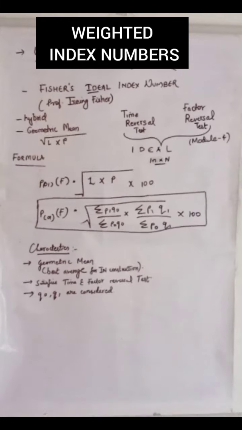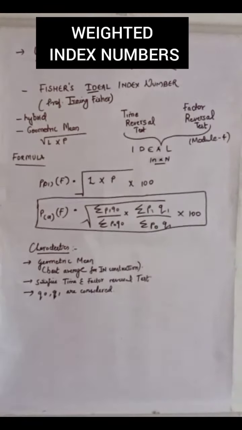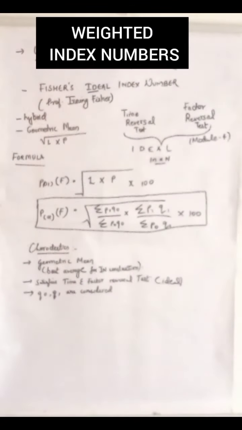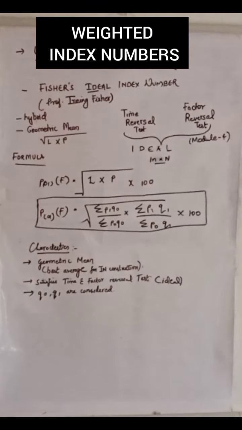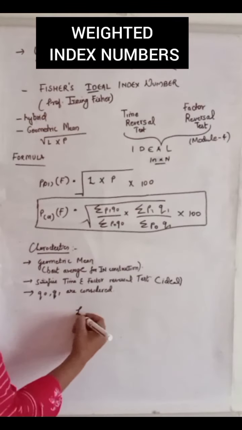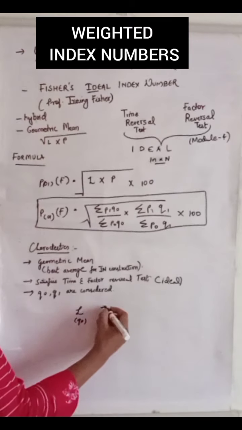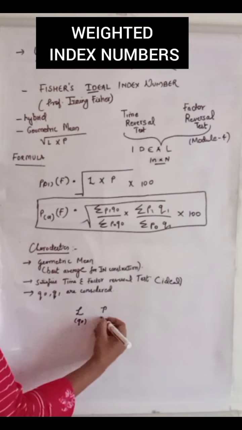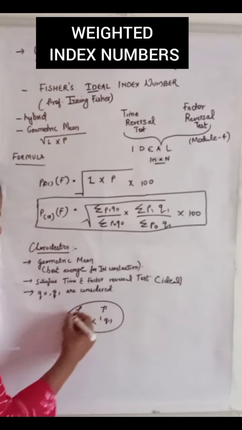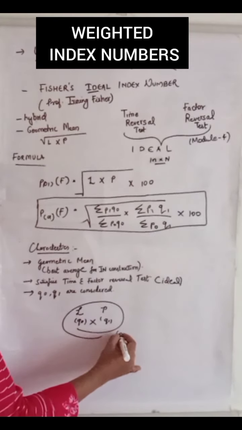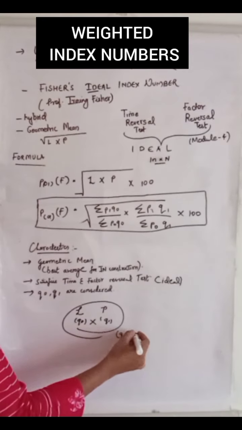And third point says that we are considering Q0 and Q1, which are basically the weights. We are considering both the quantities in this method. As we saw, in Laspeyres's method we were neglecting Q1, and in Paasche we were neglecting Q0. But here we are going to multiply them, so there is no chance to miss Q1 and Q0.